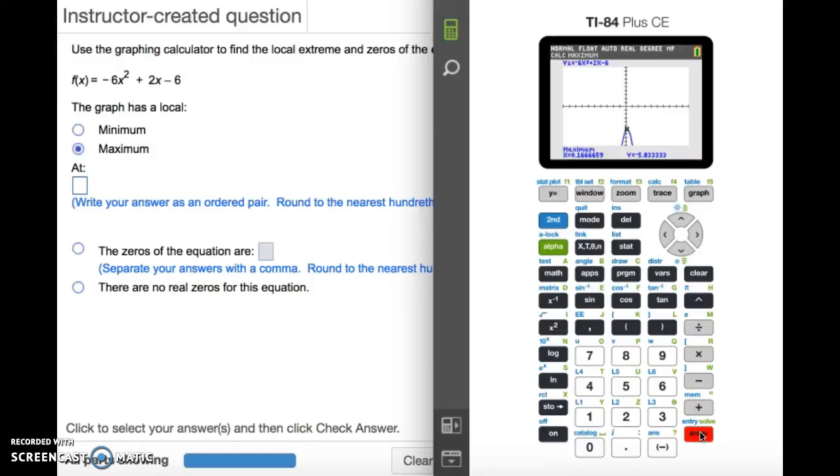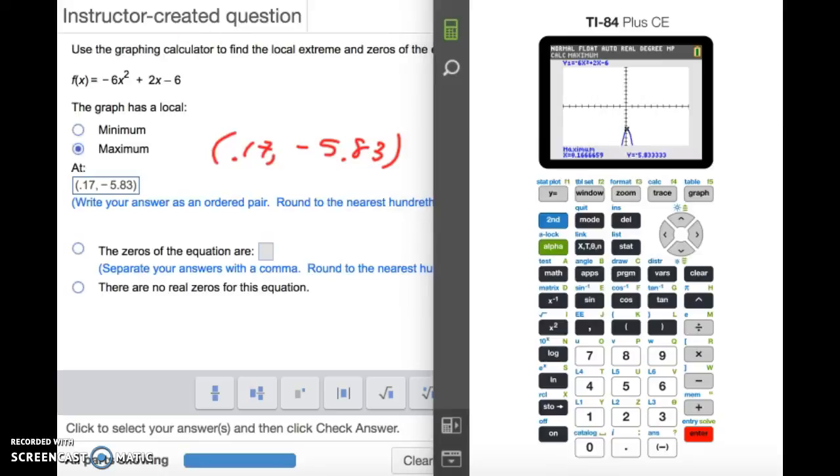And this example tells me that my vertex is at 0.17, and I have a y value of negative 5.83. Right, so I'm going to enter that information in.